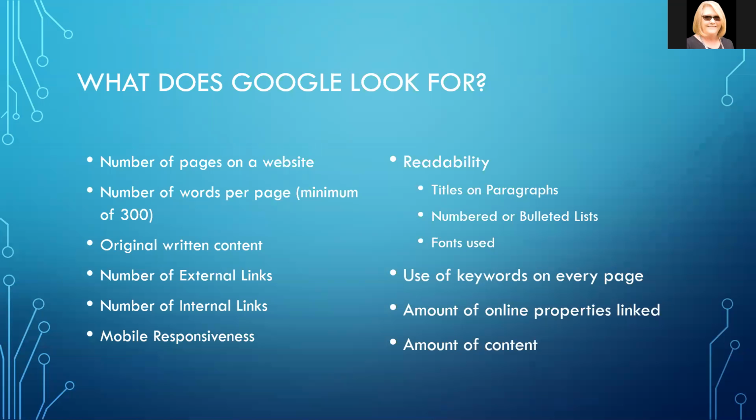So what does Google look for? Google looks for the number of pages on a website, the number of words per page, and this isn't everything that they look for. This is just a few things.